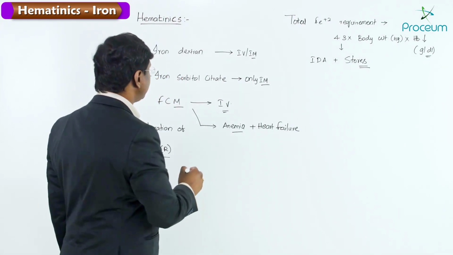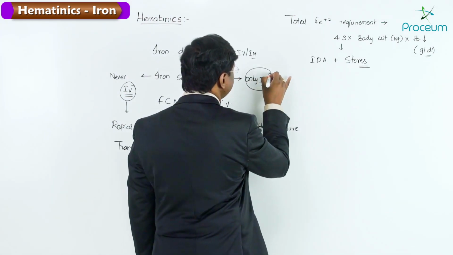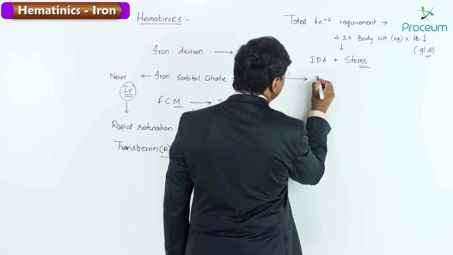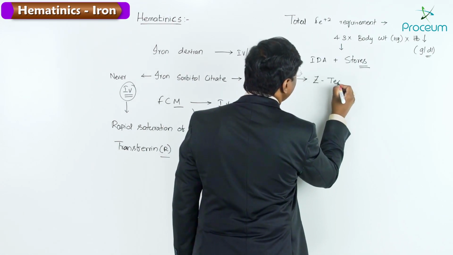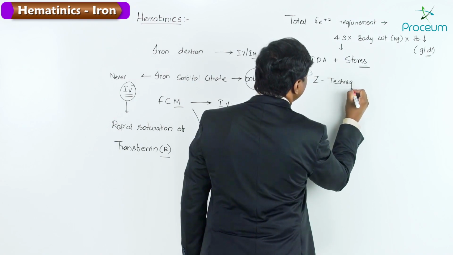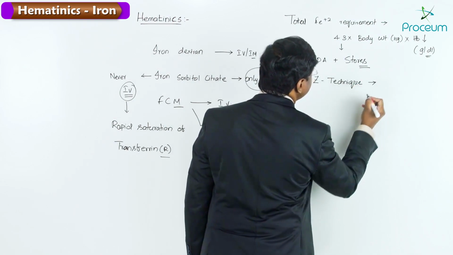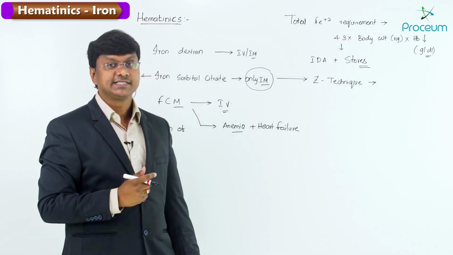Whenever you are giving the intramuscular route of administration, it should be given using the Z technique. Now, what is the importance of the Z technique and why do you need to give it via the Z technique?